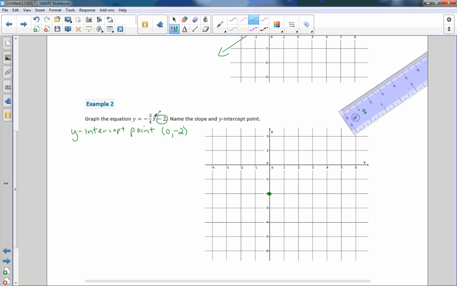Our slope is -3/4, which means we want to decrease 3, go down 3, and then right 4. And my point is going to end up right here.